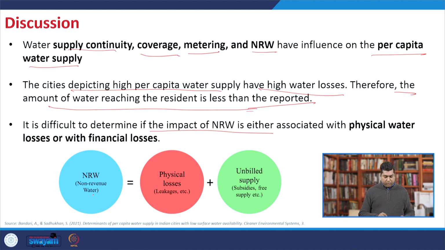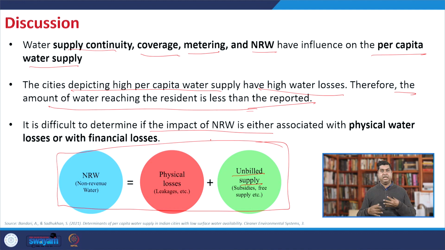So NRW, non-revenue water, can be physical losses through leakage, or sometimes maybe people are stealing water in between, or else it is unbilled supply, where there are some subsidies or free supply, so that it is not making any revenue, there are no water charges, etc. So altogether, you can even read this.